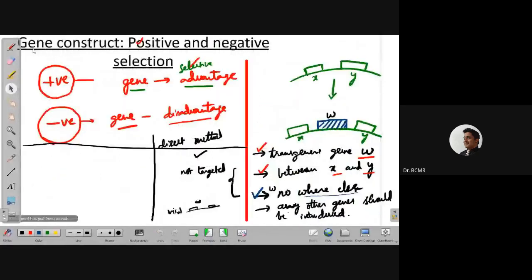As a part of what I was describing, we have now achieved these two using positive and negative selection. This we have achieved through positive selection, that is introduction of gene W between X and Y, right?